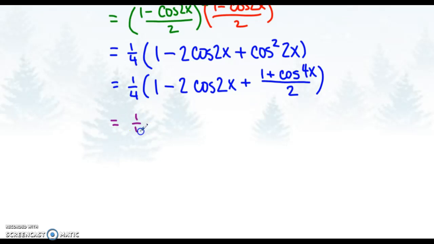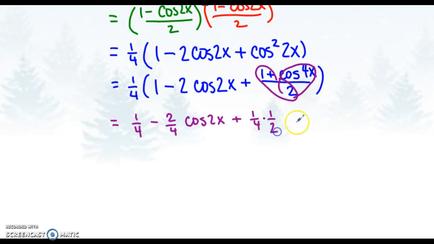So I've got 1/4 minus 2 times the 4th times the cosine of 2x. And I've got plus 1/4 times, I'm going to split this up, 1/2 and 1/4 times the cosine of 4x over 2.